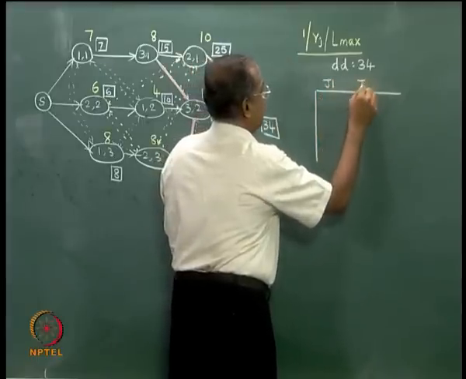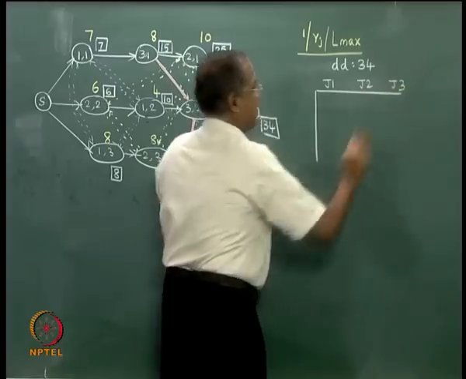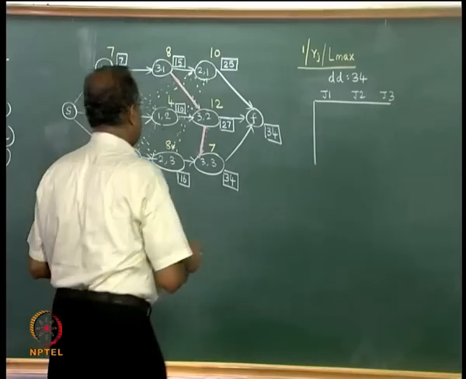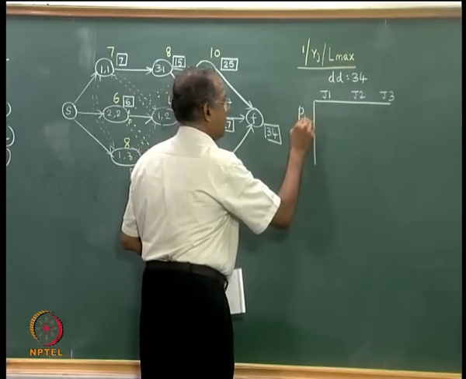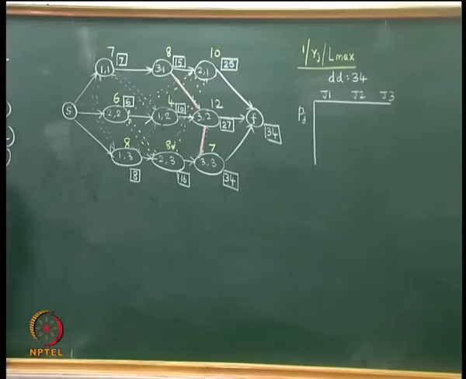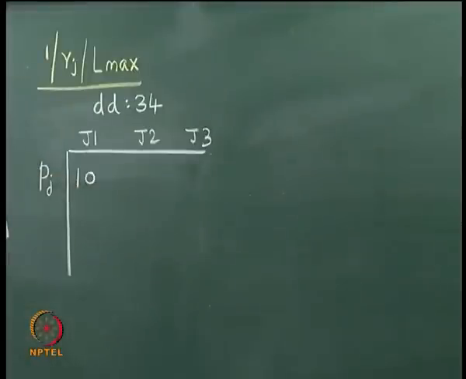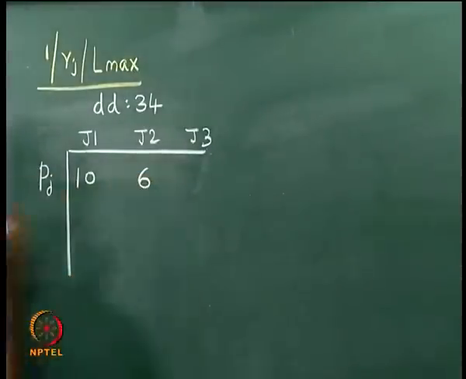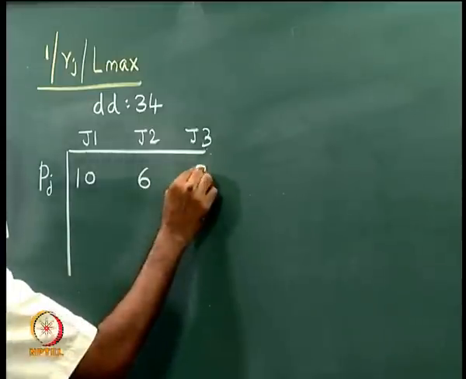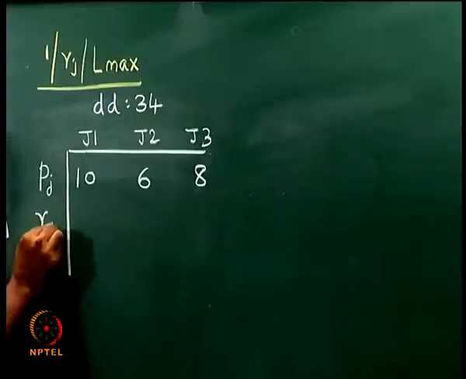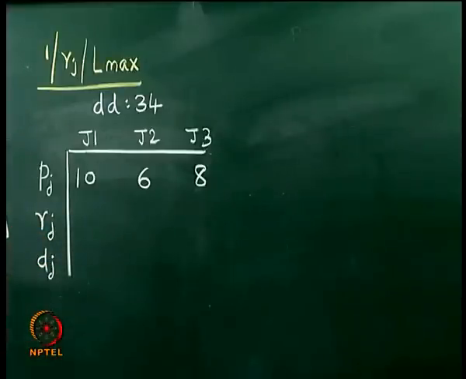We have J1, J2 and J3, and the processing times pj on M2: J1 on M2 is 10, J2 on M2 is 6, and J3 on M2 is 8. Then we write rj and dj. rj is the release time, the time at which it is available, and dj is the due date.